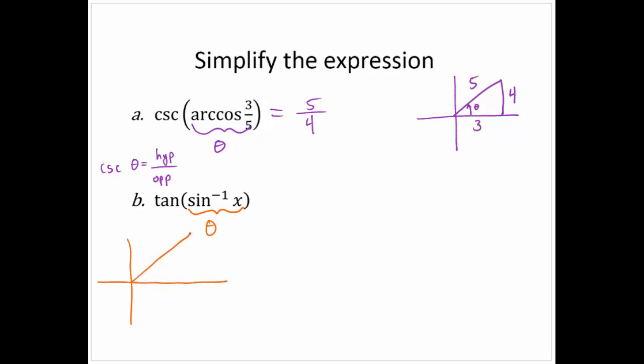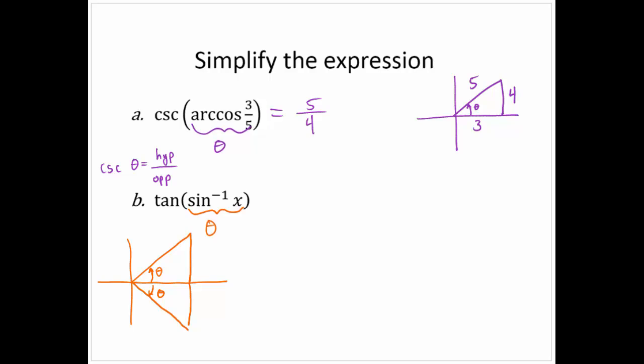I could have one here, where this is my theta, or I could have this triangle here, where this is my theta. Now, in either case, we need the sine to be x.